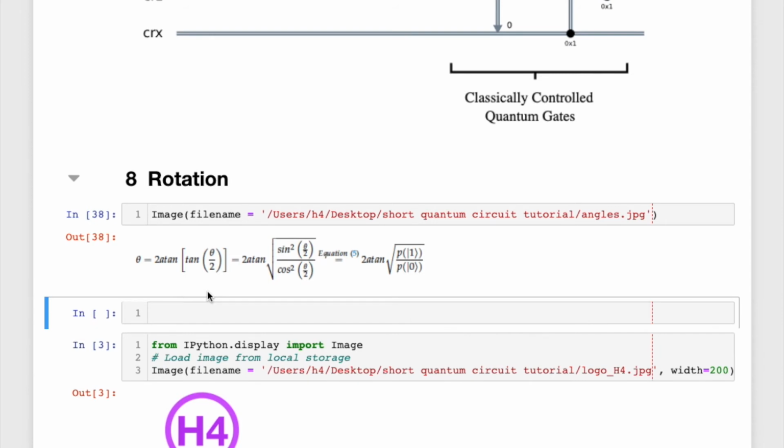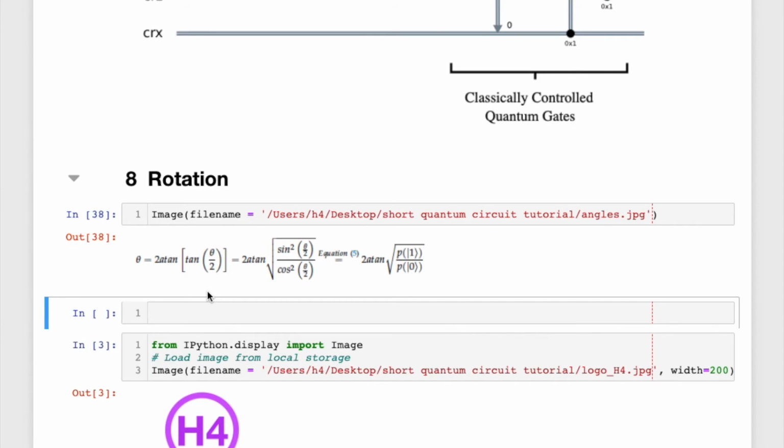Theta is 2 times the arctangent of the tangent of theta divided by 2, and this is 2 times the arctangent of the square root of the square of the sine of theta divided by 2, divided by the cosine of theta divided by 2 squared.